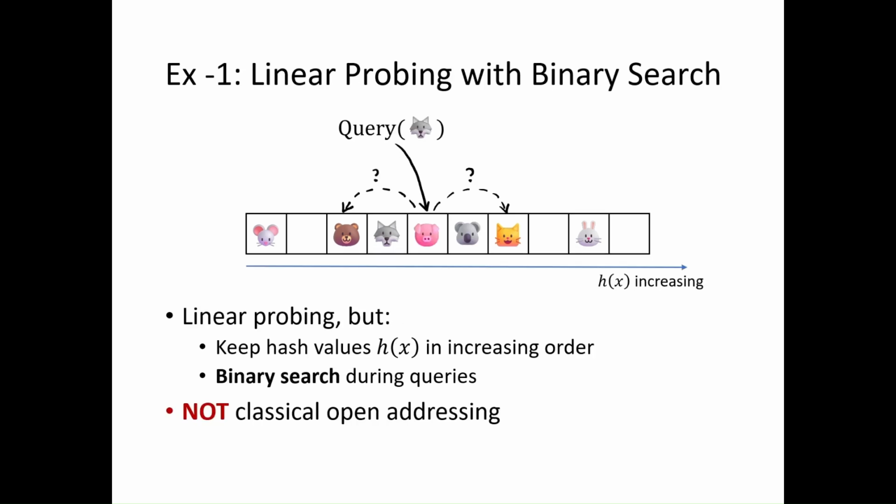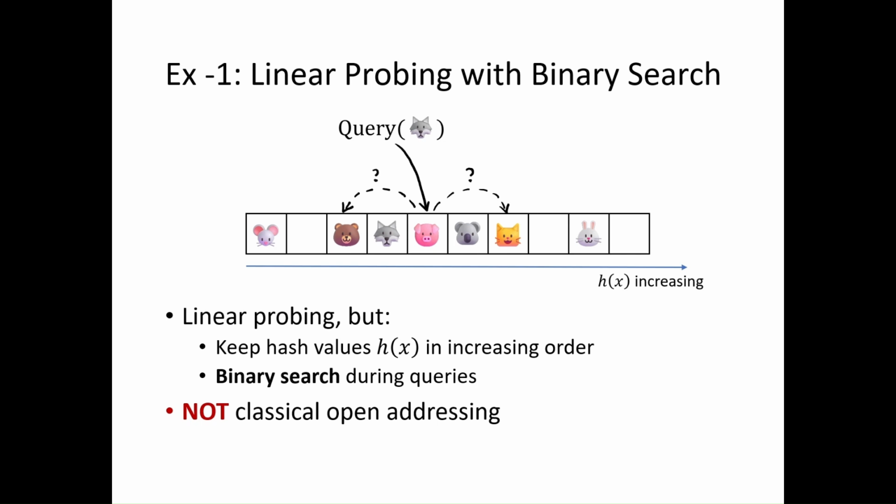And finally, let's see an example that does not belong to classical open addressing. Let's start with linear probing. There's one simple improvement that we can make over linear probing: by rearranging the elements within the array in an appropriate order, we can maintain the invariant that the hash values of the elements in the array are increasing from left to right.